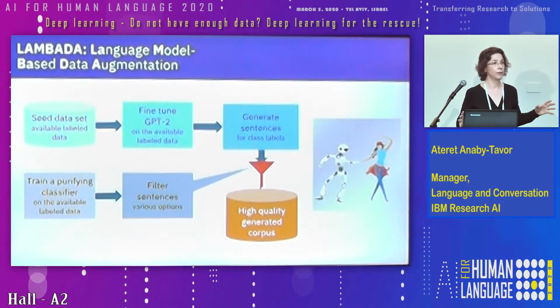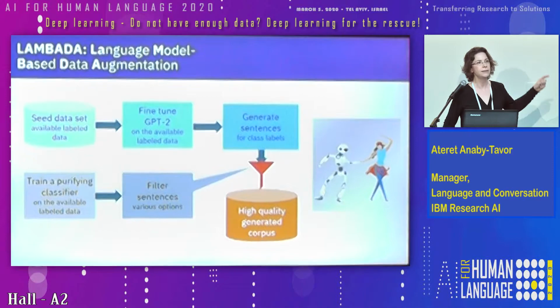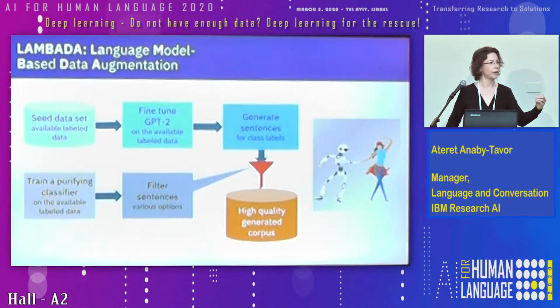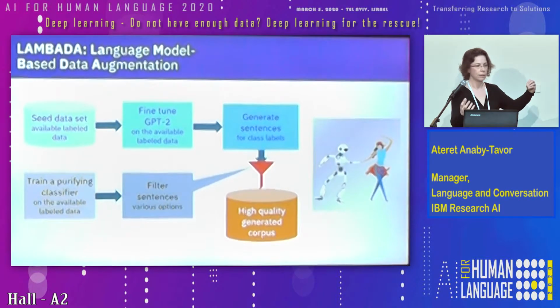Now, what we did with it is we took the classifier that we want to improve. We trained it on the seed data set, and then we used it as a scorer, a double voter, on this weakly labeled huge corpus. So for each sentence, if the scorer and the generator agreed on the label, we took the sentence.